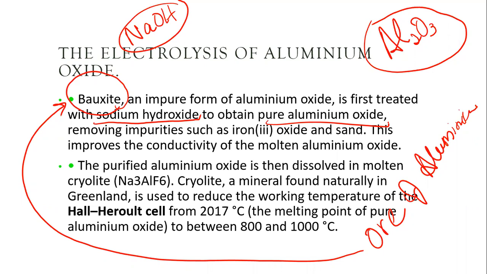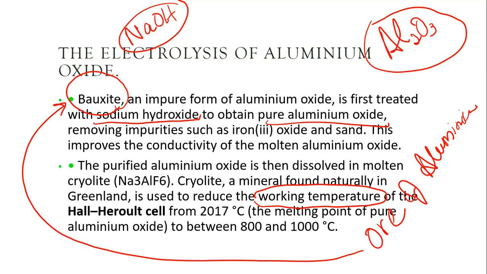Problem number 2. Aluminium oxide has a really high melting point. It has a really high working temperature. That's the term we often use for it. You are running your factory and you're trying to melt all of it, because remember, electrolysis is not in a solid state, it's in molten state. So you need to melt all of it.